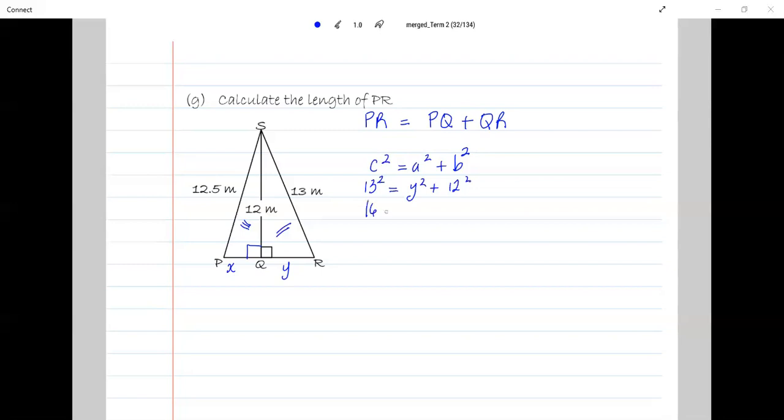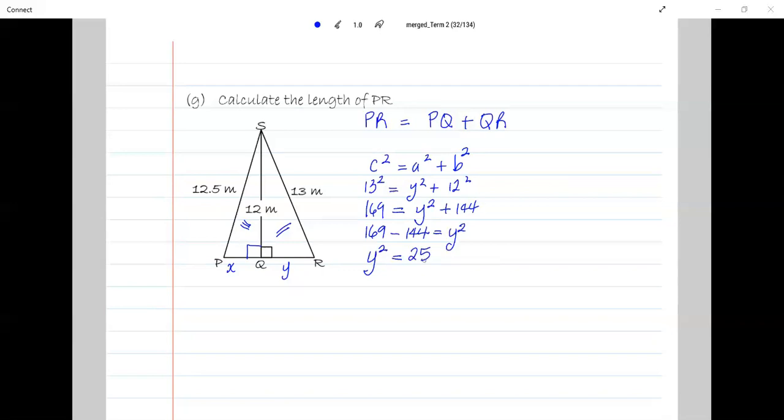169, that's 13 squared, would be equal to Y squared plus 144. Positive 144 goes over and becomes negative. And so Y squared would be equal to 25.